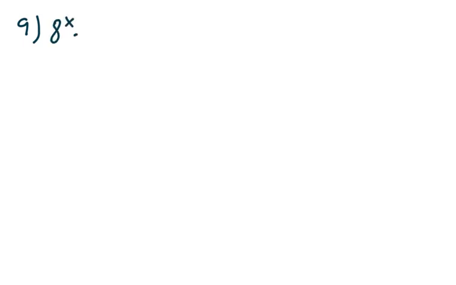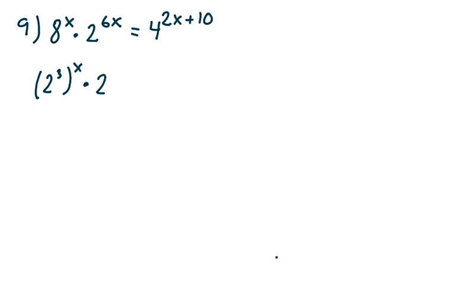8 to the x times 2 to the 6x is equal to 4 to the 2x plus 10. Okay, 2x plus 10. Now, remember 8 is 2 cubed. So I'm going to write this as 2 cubed to the x times 2 to the 6x.